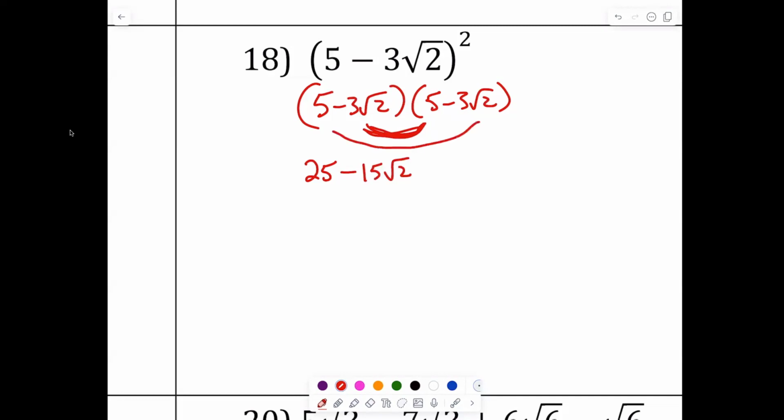Second smiley face. Yes, negative 15 radical 2. And then negative 3 times negative 3 is 9, and square root 2 times square root 2 is 2. All right, we're getting it. What's 9 times 2? Yes. So now 25 plus 18 today is 43. Negative 15 radical 2 and negative 15 radical 2 is. All right, Davis, come on, buddy.